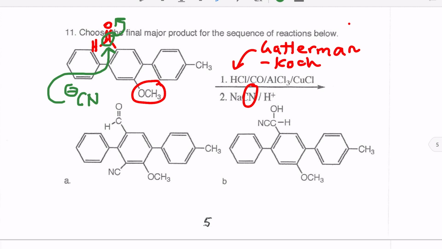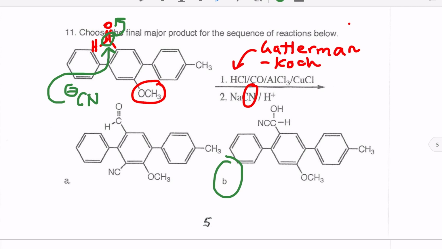Now since we have that negative charge on the oxygen, that oxygen can easily be protonated, and what we're left with is choice B as our final answer.